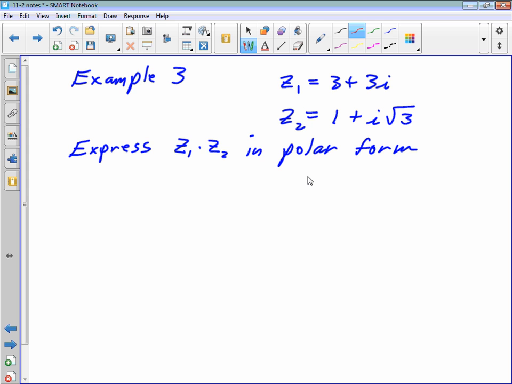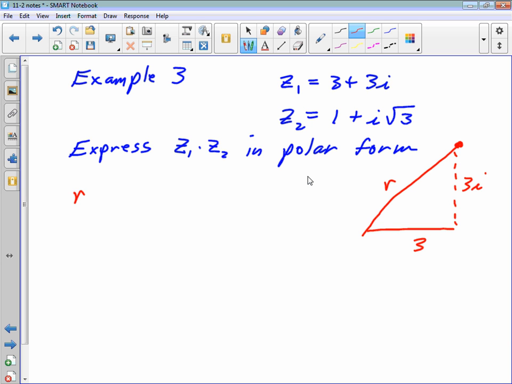If you have 3 plus 3i, well, there's 3, there's 3i. It looks something like this. It would be that location there. So let's think about this. 3 plus 3i. Well, we can use the Pythagorean theorem certainly to get r here.